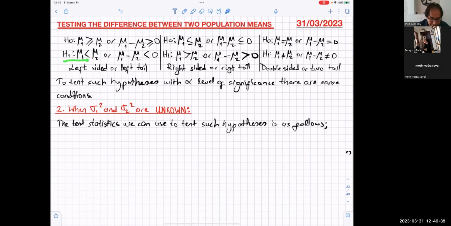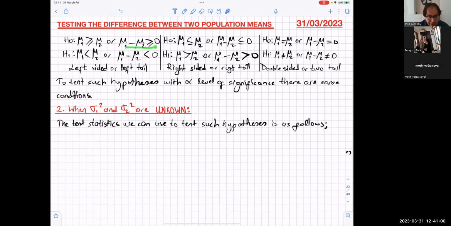If you have the left-sided hypothesis constructed this way, you will automatically construct the null hypothesis in the opposite direction of mu1 less than mu2. So the opposite direction would be mu1 greater than or equal to mu2.